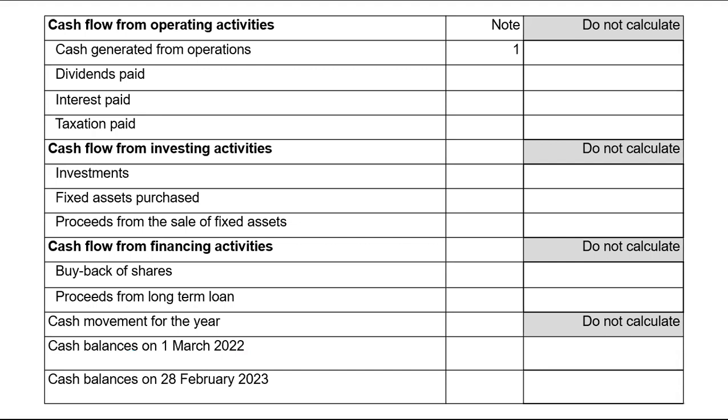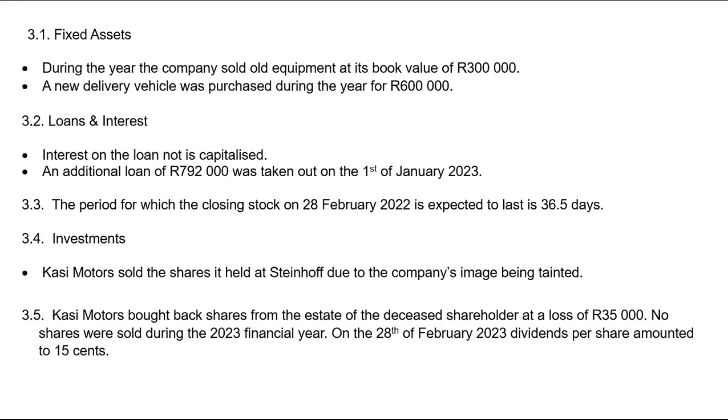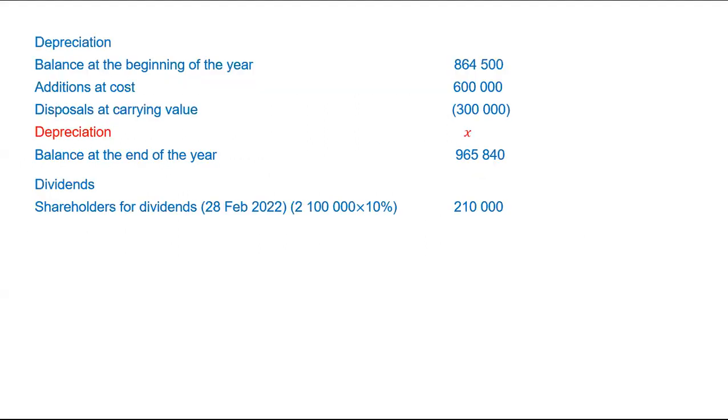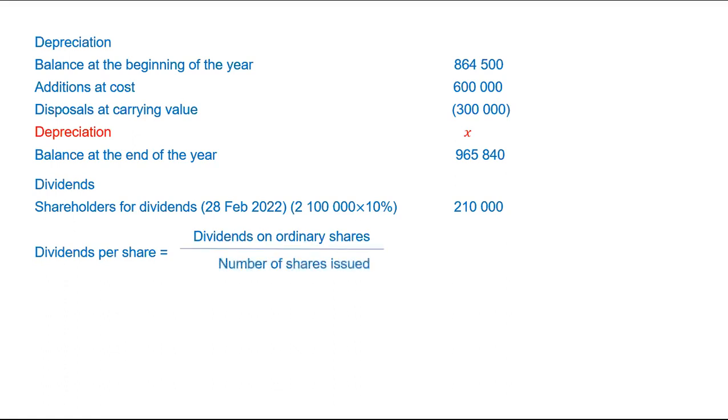Now, to calculate my total dividends for this year, the only thing they gave me is my dividends per share, which was 15 cents. So I will just write down the formula for calculating dividends per share, which normally will be dividends on ordinary shares divided by the number of shares issued, multiplied by 100 cents. Dividends per share was 15.